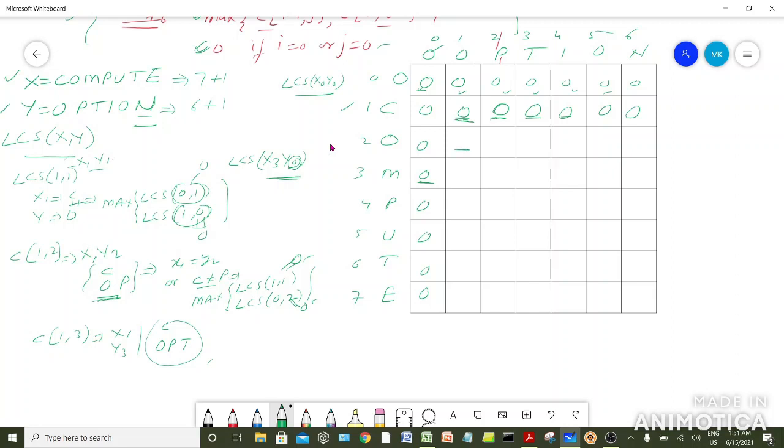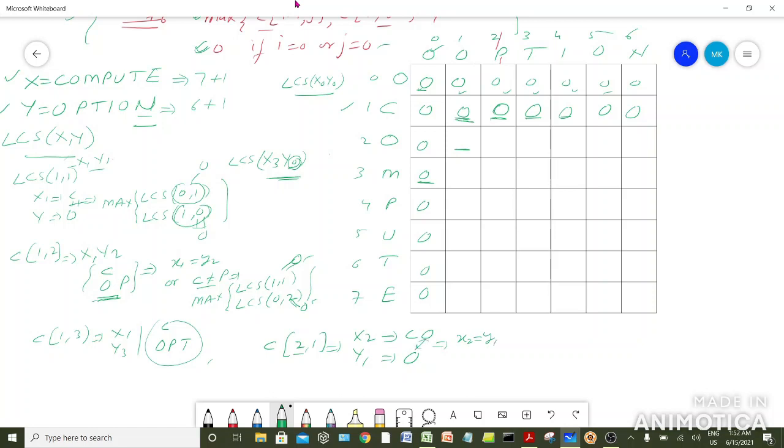So this is the entry number C of 2 and 1. It means we are going to consider x2 and y1. So x2 is equal to CO and y1 is equal to O. Fine. Now we need to make a comparison whether x of 2 is equal to y of 1.